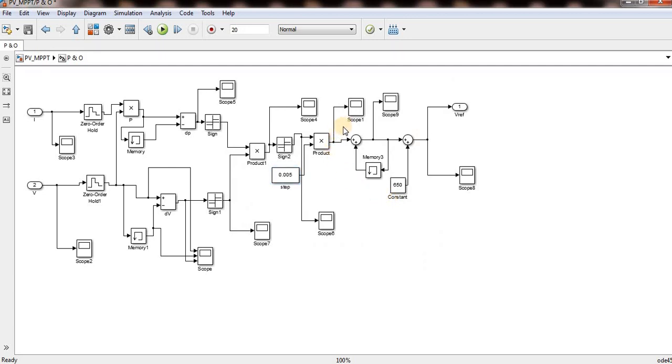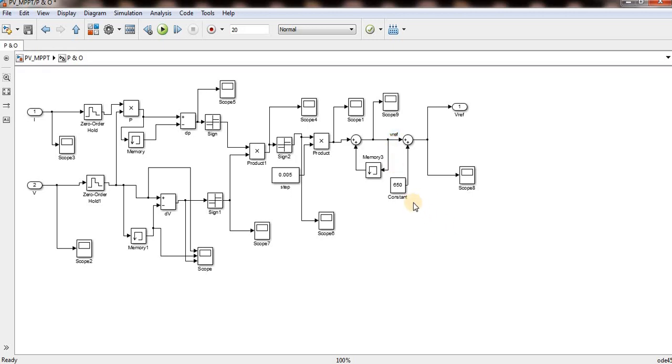So once I decide whether the delta V, or change in voltage, I have to increase or decrease, I can add it to my previous value. So memory I taken and this is my previous value. So once it is added, actually this is my V reference, VREF.